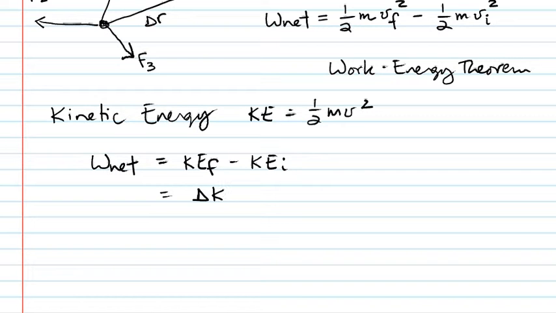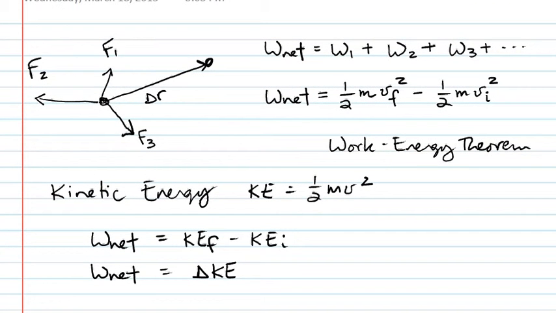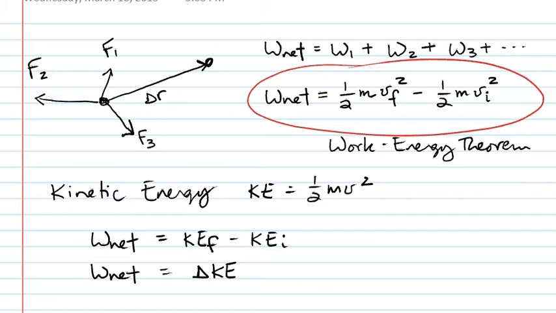So this is the change in the kinetic energy. It's a very shorthand way to write the work energy theorem. But in practice, usually it's going to be the form that appears up here that's most useful to use directly. Nevertheless, the work energy theorem is a very useful idea.